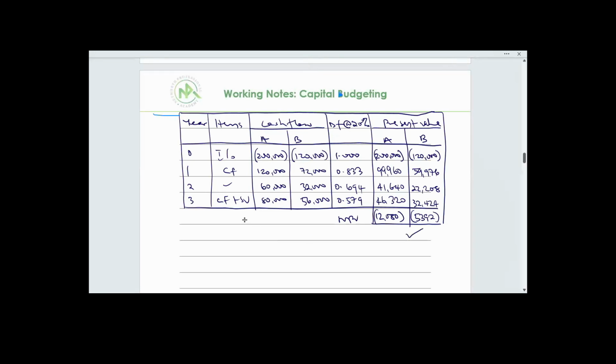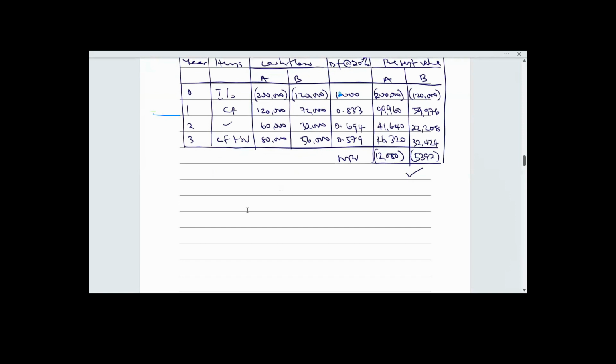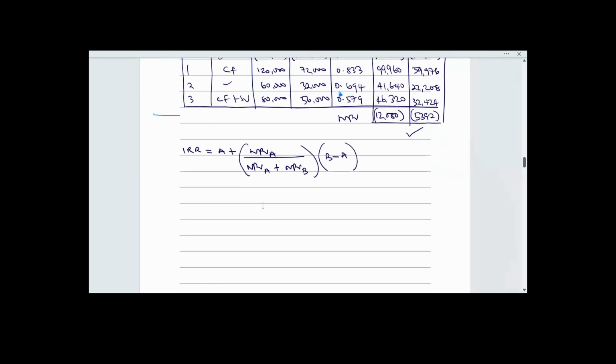So step 2 says we should calculate internal rate of return using the IRR formula. Therefore, IRR equal to lower discount rate plus NPV of lower discount rate divided by NPV of lower discount rate plus NPV of higher discount rate, all of this multiplied by higher discount rate minus lower discount rate. Project by project.